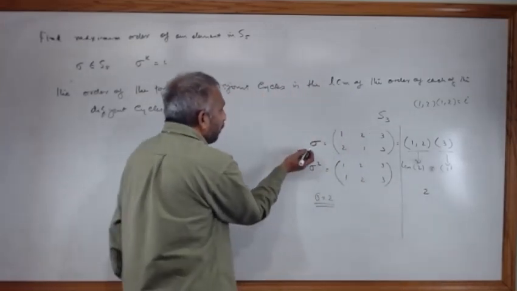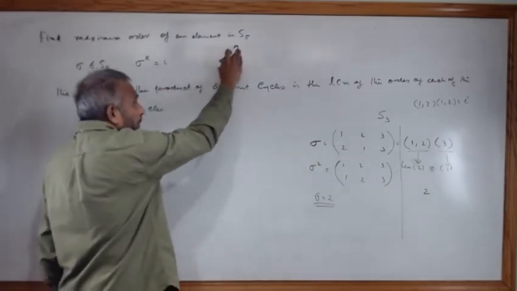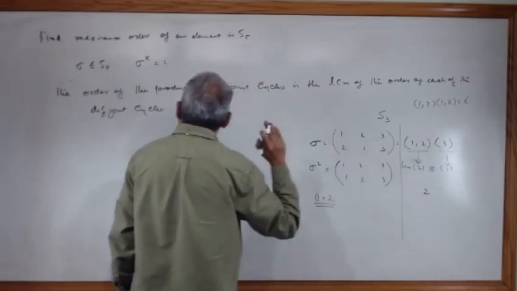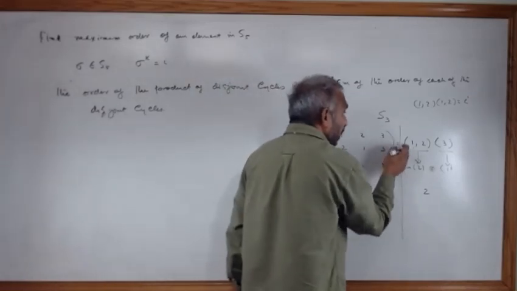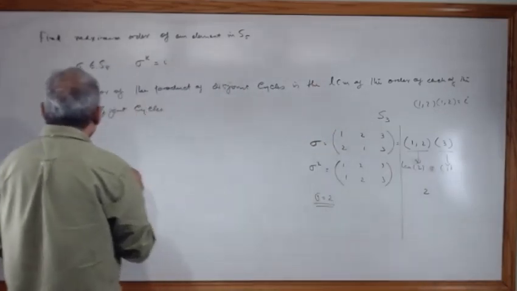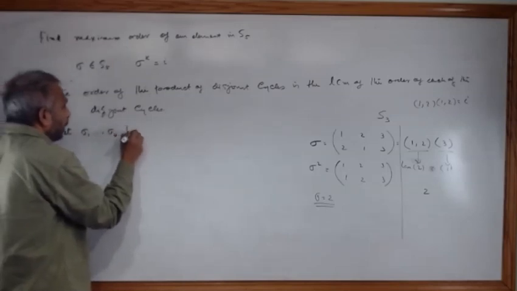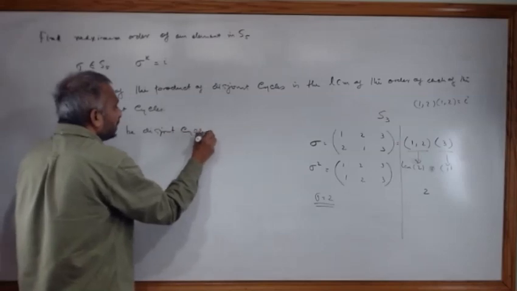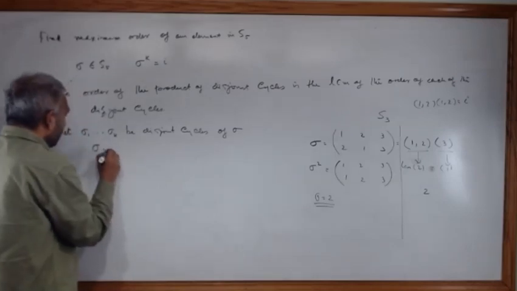So if you express a sigma in S5 as disjoint cycles, then find the order of those disjoint cycles and take the LCM, and that is what we are trying to prove here. So let sigma 1 through sigma k be the disjoint cycles of sigma, meaning sigma equals sigma 1, sigma 2, through sigma k.